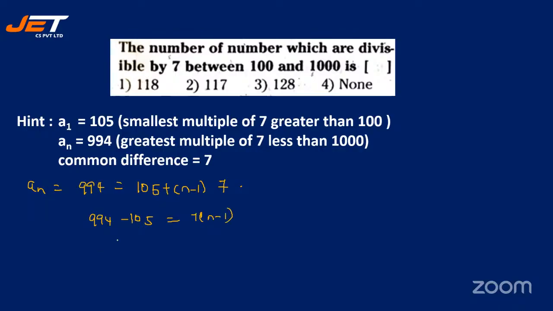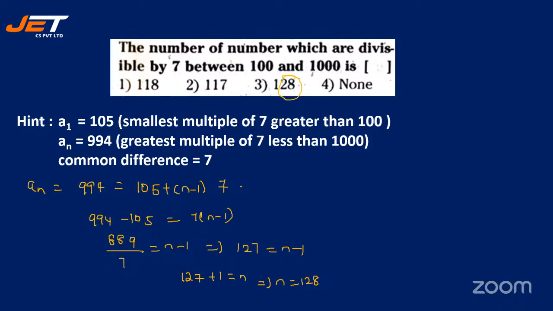So what is 994 minus 105? 889. So 889 by 7 would be 127, that is equal to n minus 1. So 127 plus 1 is n, which implies n is 128. So your answer must be option 3.